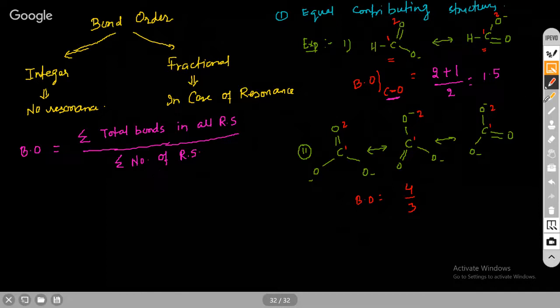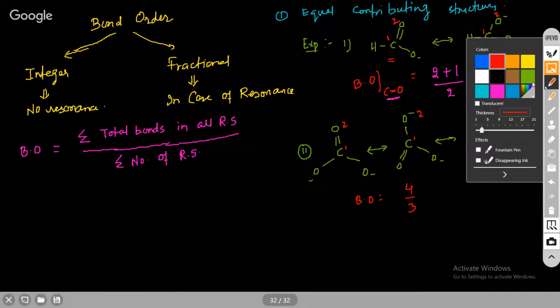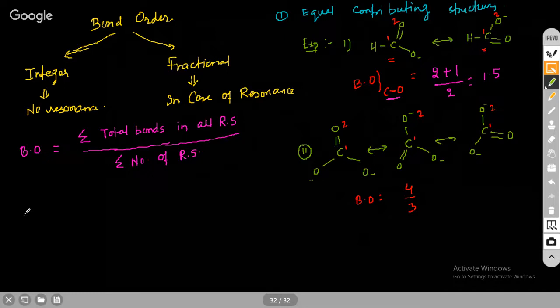Okay. Another one you see. Double bond, positive. You draw the resonating structure of this. Okay, and tell me the bond order of this bond, 1 and 2. Any one carbon-carbon bond. Bond order of the carbon-carbon bond. Tell me.